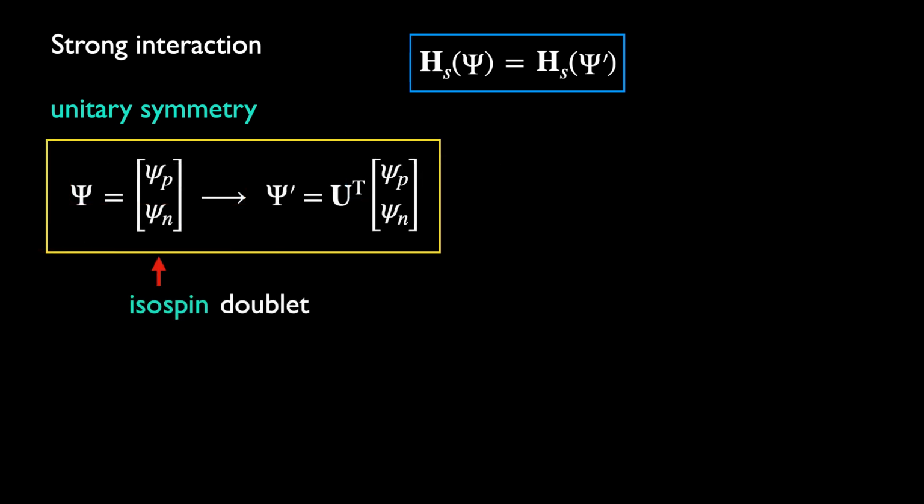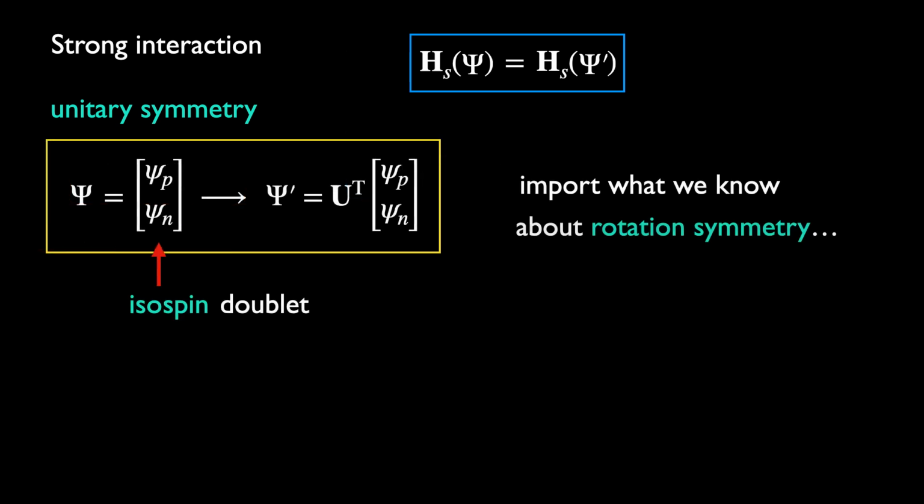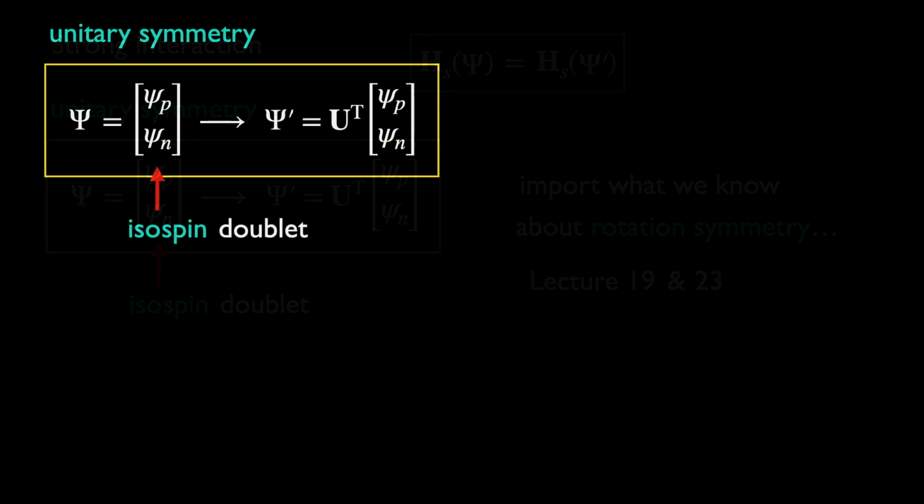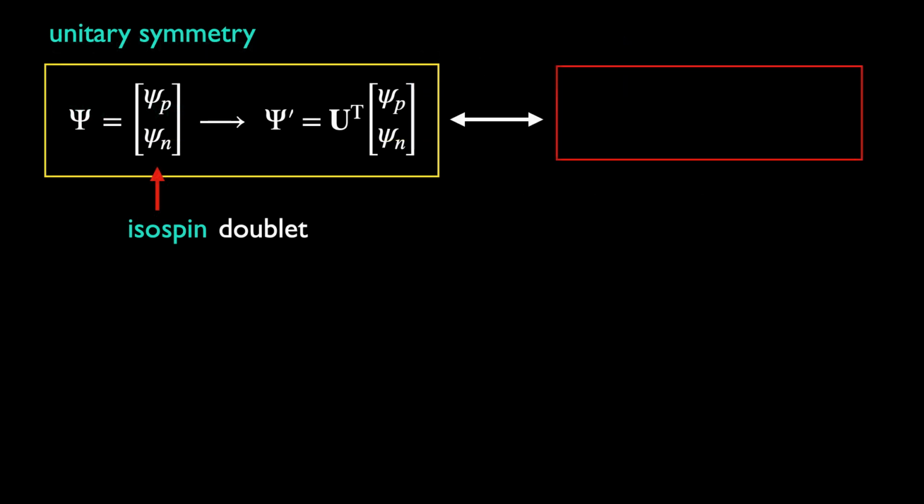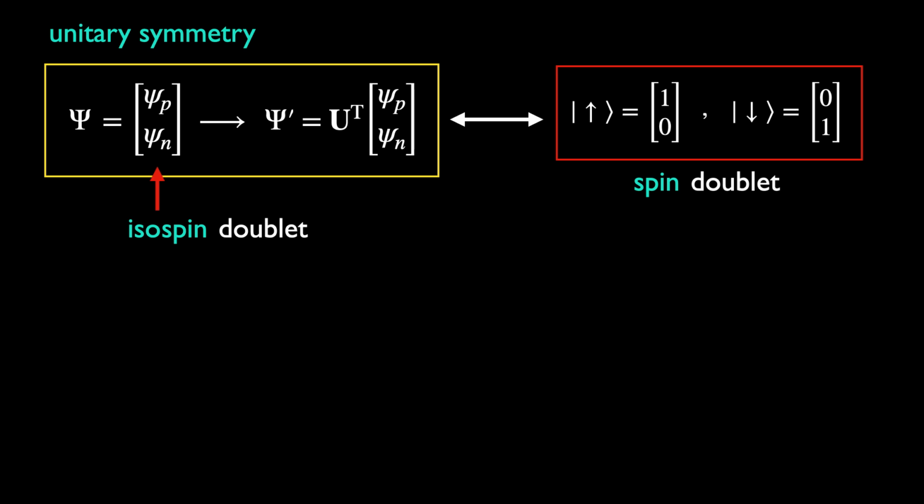Here we can import what we know about rotational symmetry from lecture 19 and 23 and apply them to the current situation. The state space of a spin-half particle also forms a spin doublet, which can be expressed in the basis of spin up and spin down along the z-axis.